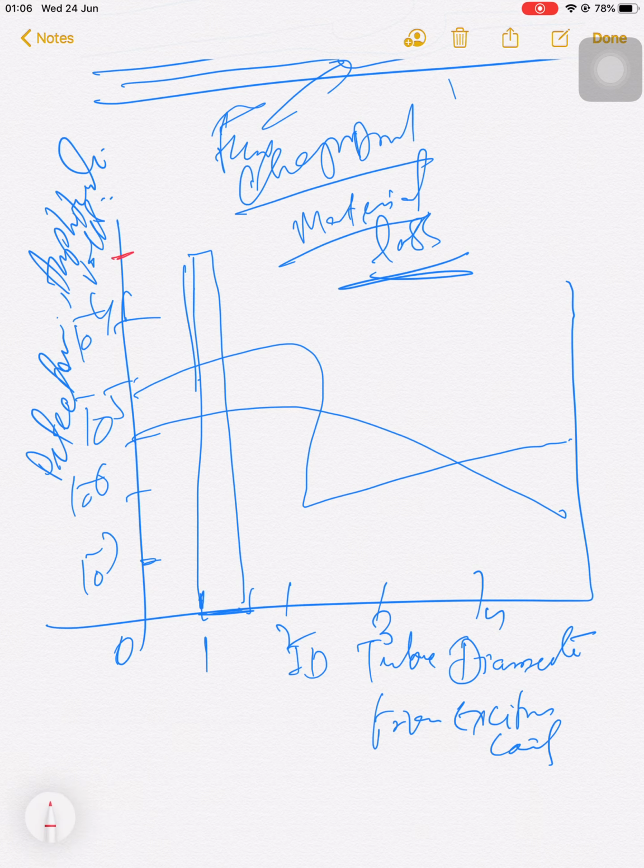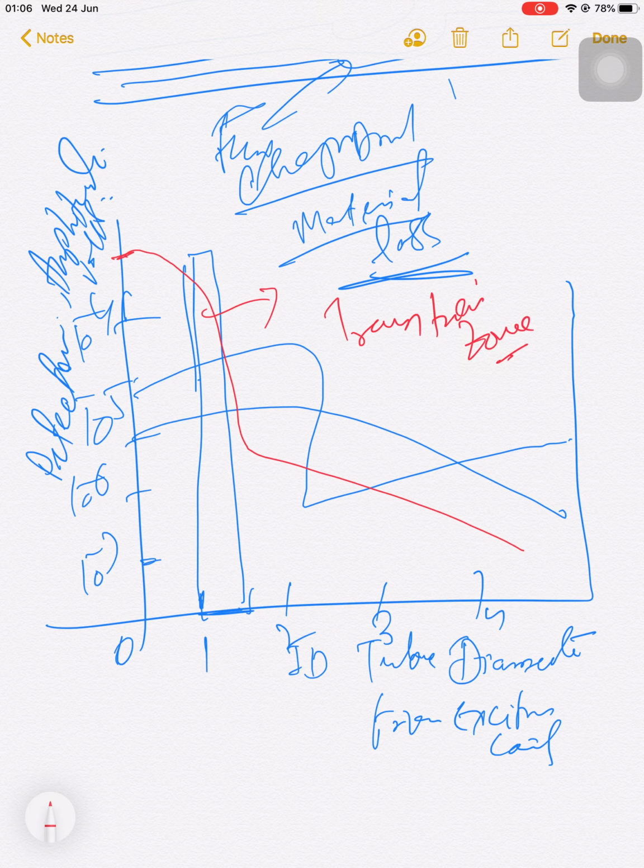So this is the transition zone, and this one is the ID phase, and this is the OD phase, and this is the ID amplitude.